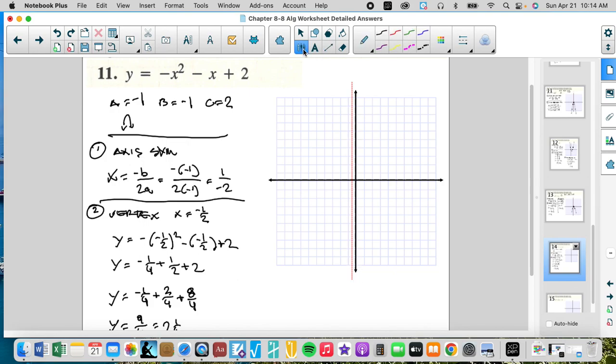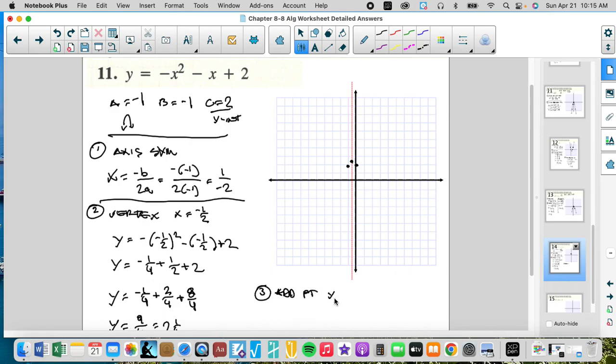I'm going to plot the point negative 1/2, positive 2 1/4, which is about there. My y-intercept is 2, so that's there. Its mirror point is there. Now I'm going to find an additional point by plugging in 1. So part 3 is additional point.